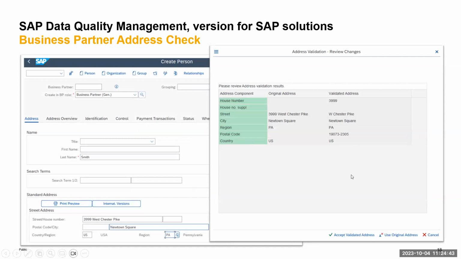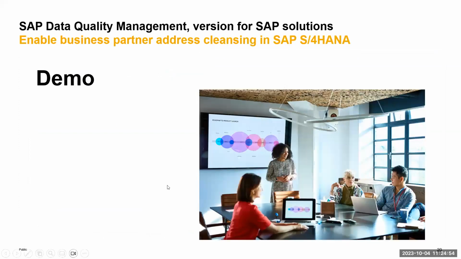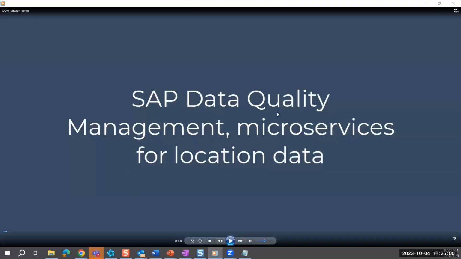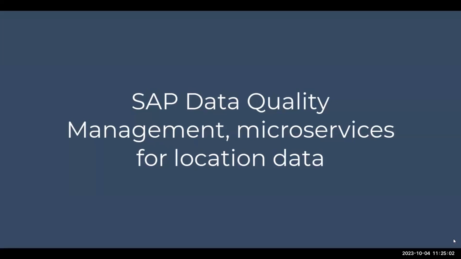You'll be seeing these original address, validated address, side-by-side view in address validation review screen. So let me try to show the demo. So I'll be using this screen recording to go over some scenarios.